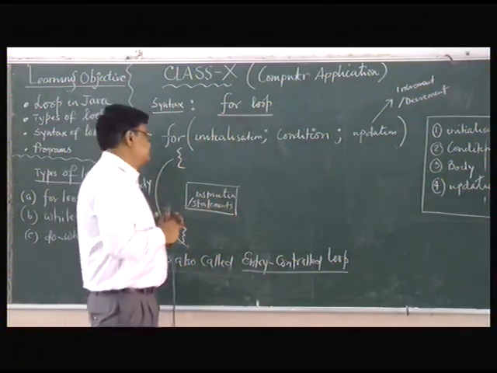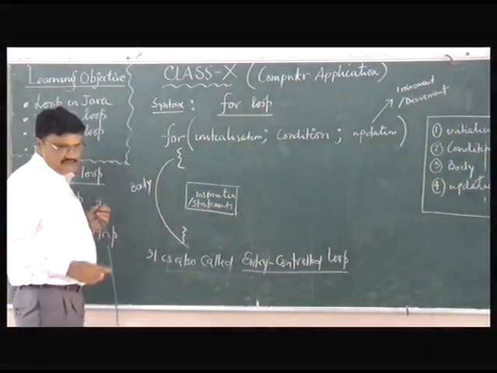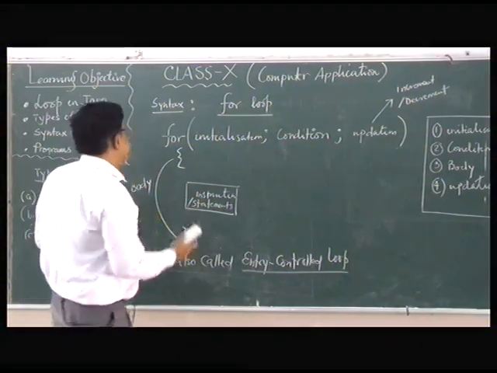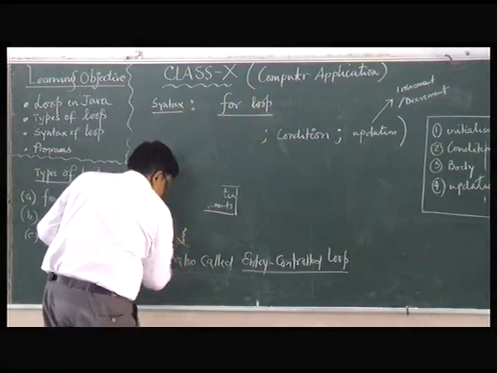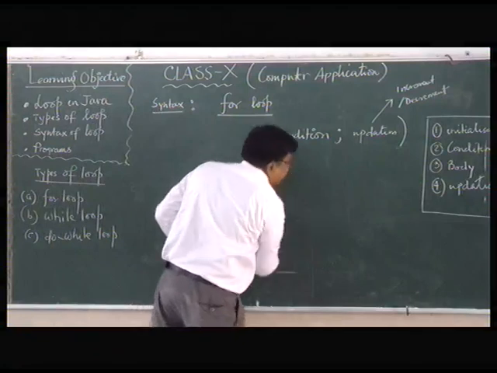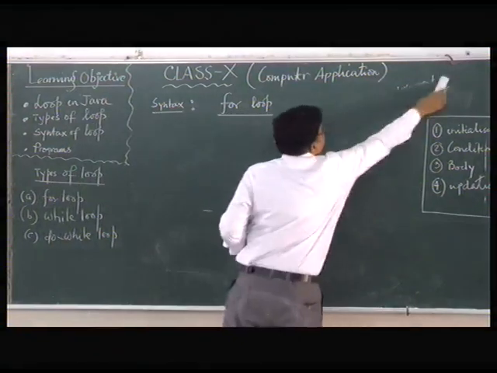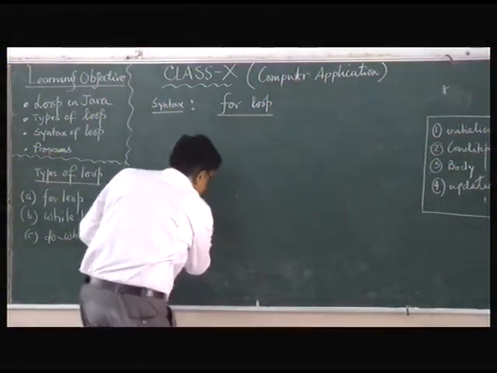Now let us find out how it actually runs, the execution of this for loop. I'll take an example and then explain the execution of this for loop.